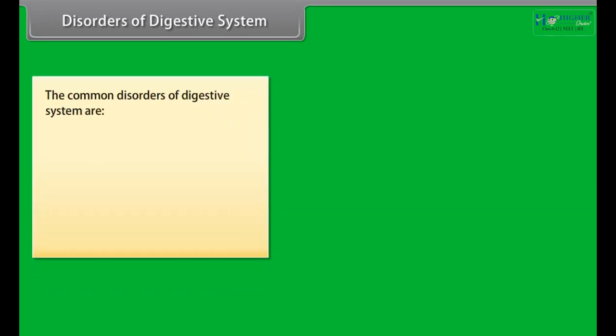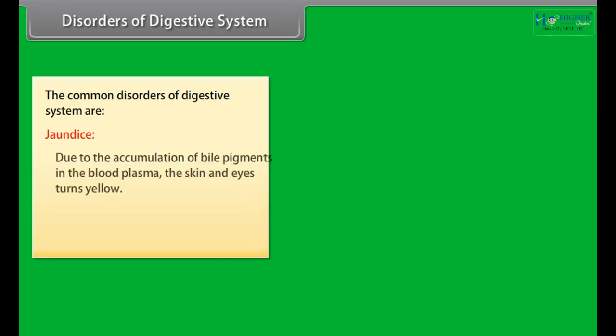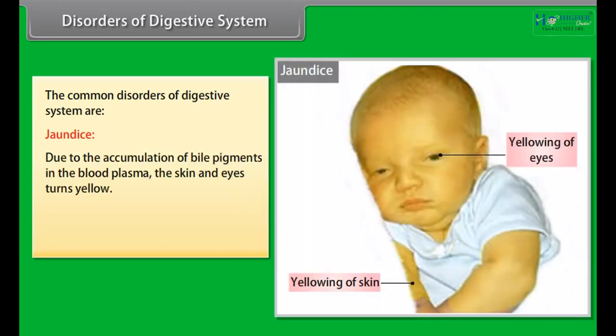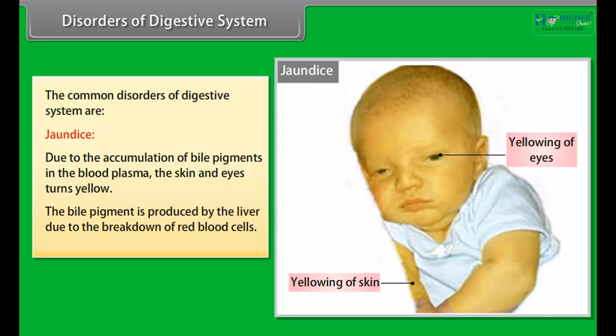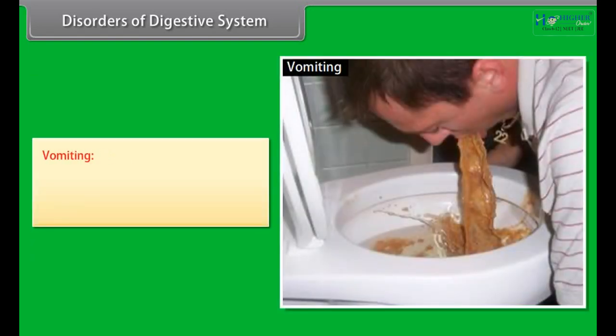Disorders of digestive system. The common disorders of digestive system are jaundice, due to the accumulation of bile pigments in the blood plasma, the skin and eyes turn yellow. The bile pigment is produced by the liver due to the breakdown of red blood cells. Vomiting, the ejection of the content of the stomach through the mouth.